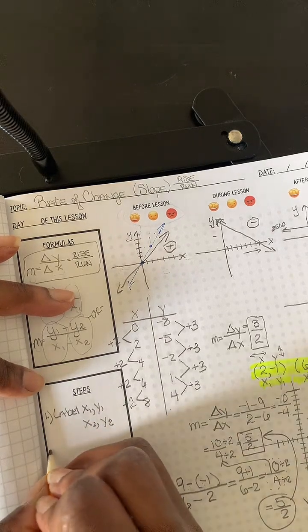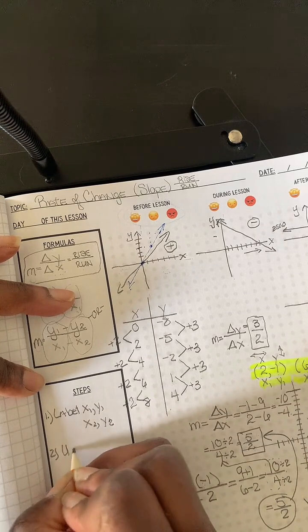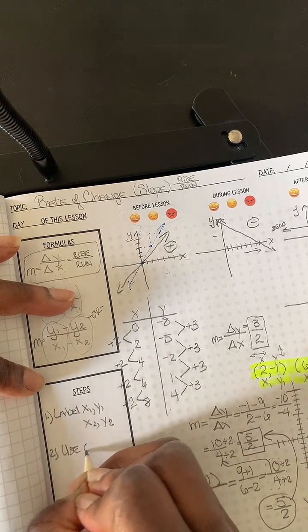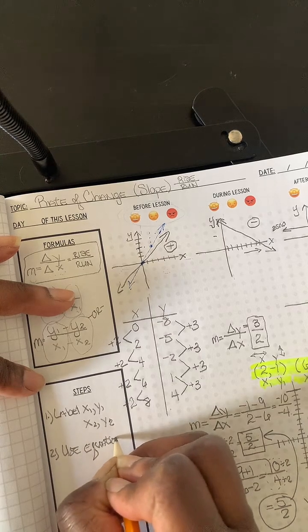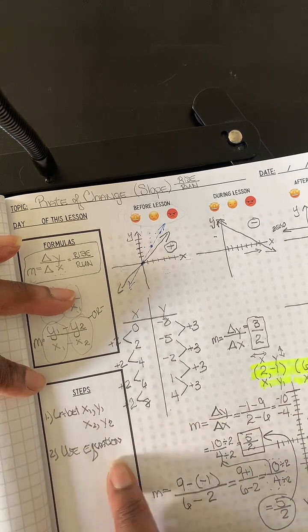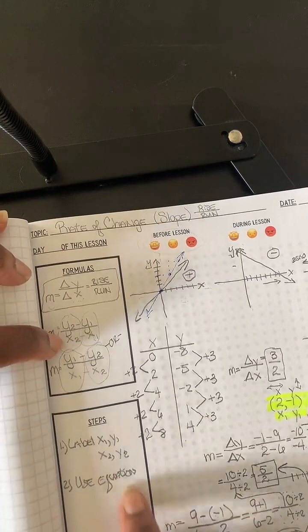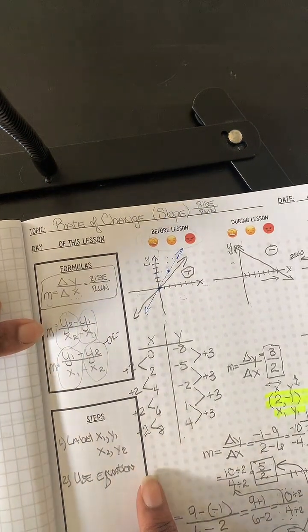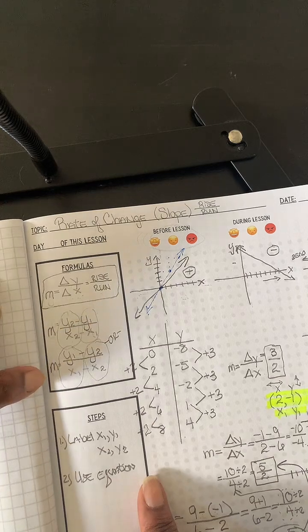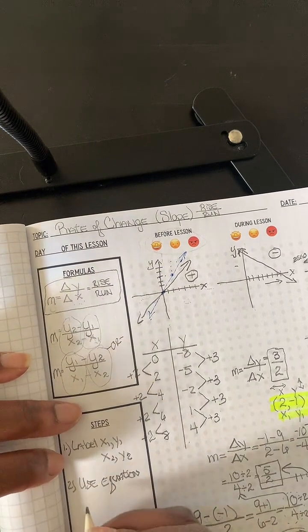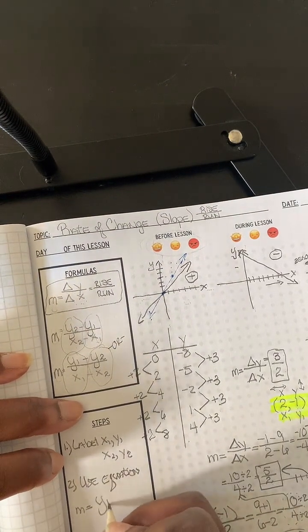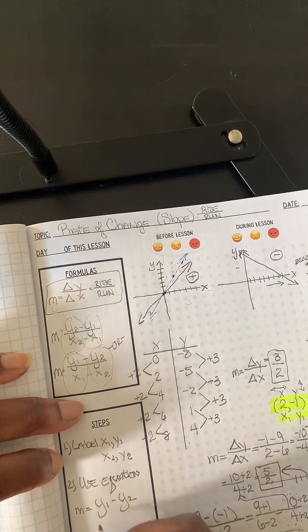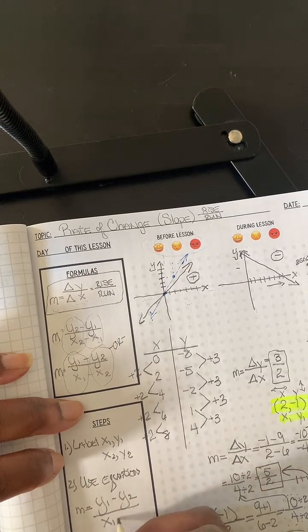The second part, we use the equation, and this is where you fill in which equation you're going to use. Are you going to use the top one, y2 minus y1, or the bottom one, y1 minus y2? That's up to you. So I'm going to write it out: m equals y1 minus y2 over x1 minus x2.